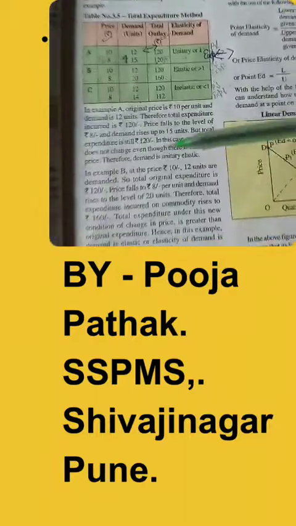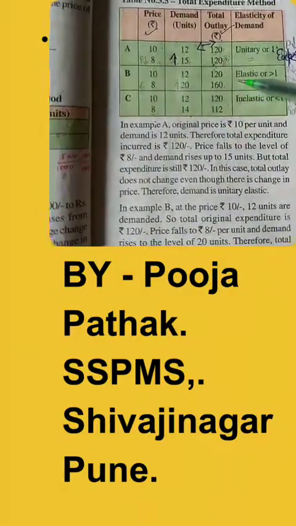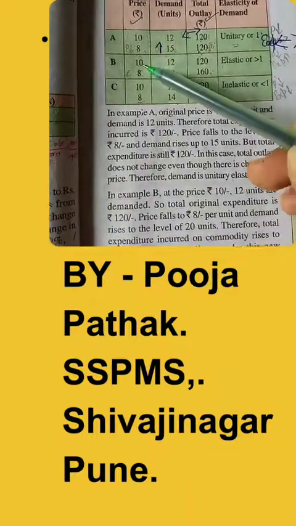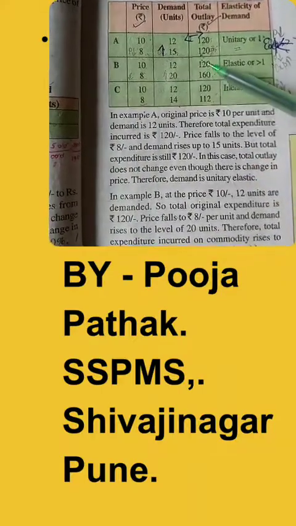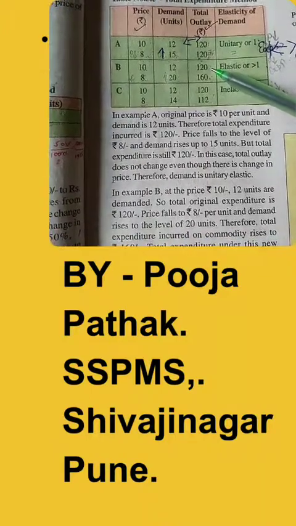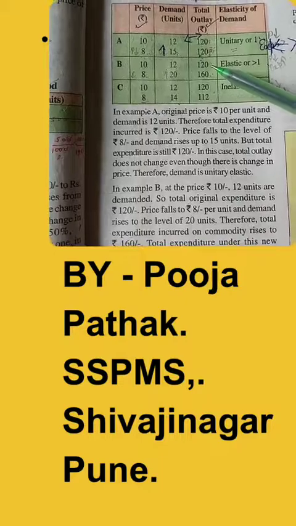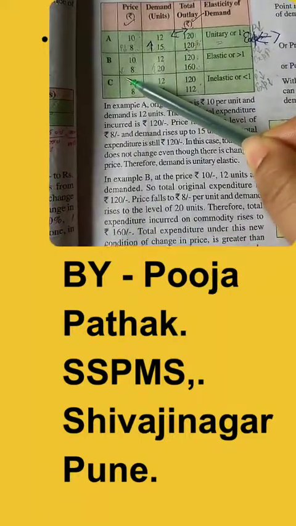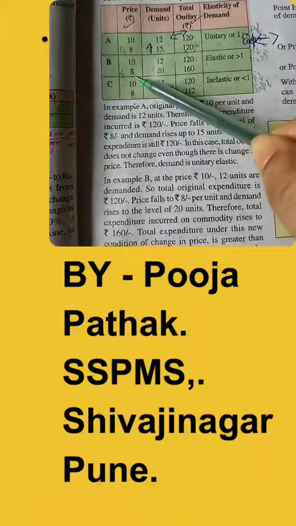Now let us come to the example. Example is B. Over here the original price is 10, quantity demanded is 12, total outlay is 120: 10 multiplied by 12, 120. Now the price has decreased to 8.